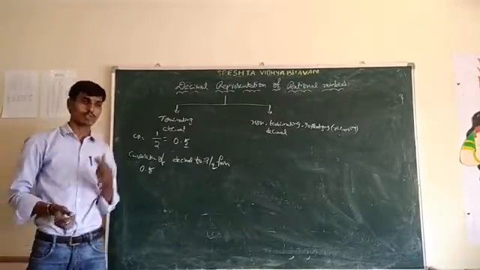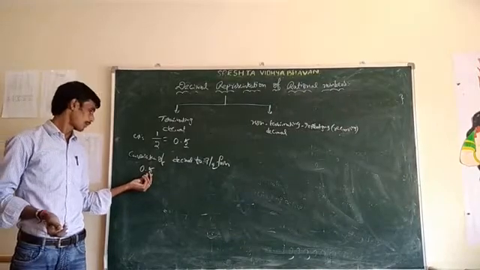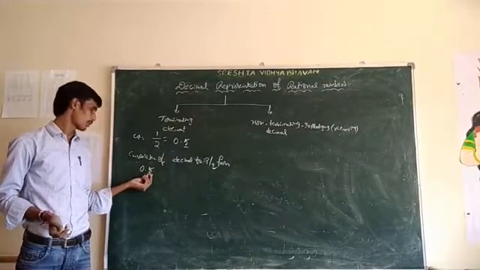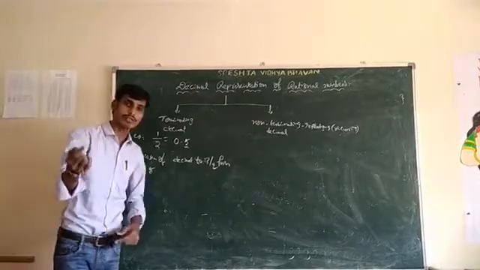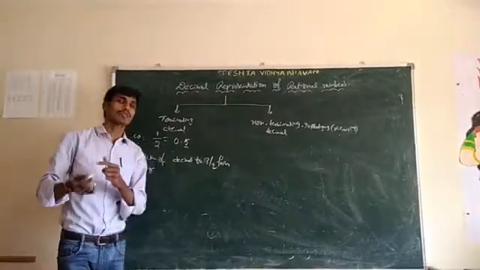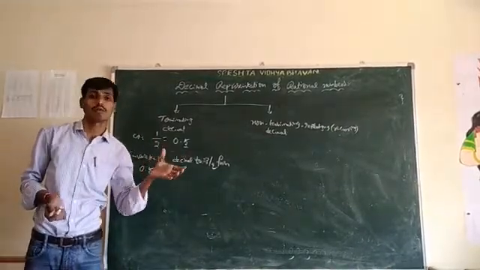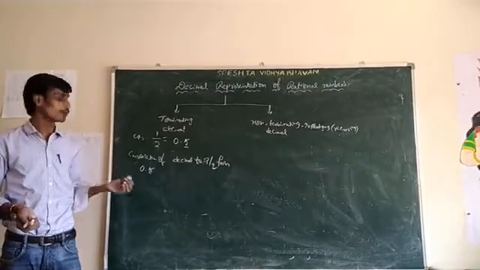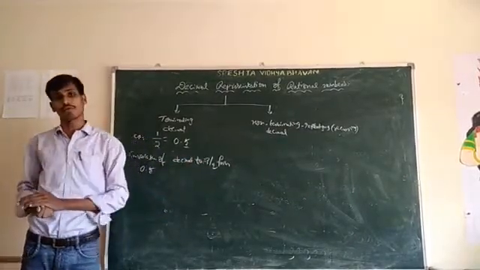Very easy. Remember, it is a terminating decimal. After the decimal point, how many digits are there? Only one.